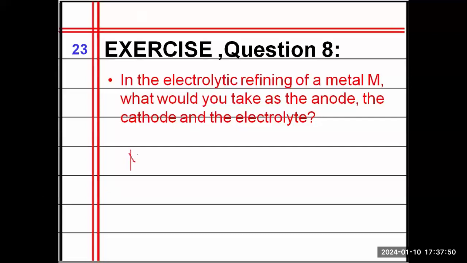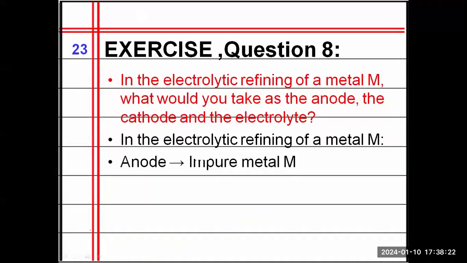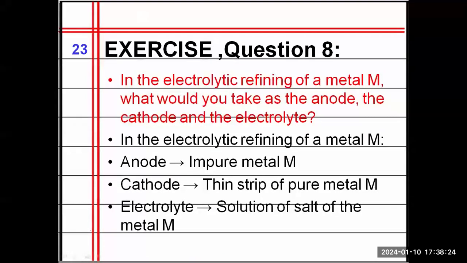So if metal M is there, the anode will be an impure form of metal M, the cathode will be pure metal M, and the electrolyte will be a salt of metal M. Right? The way we discussed just now in the previous slide.